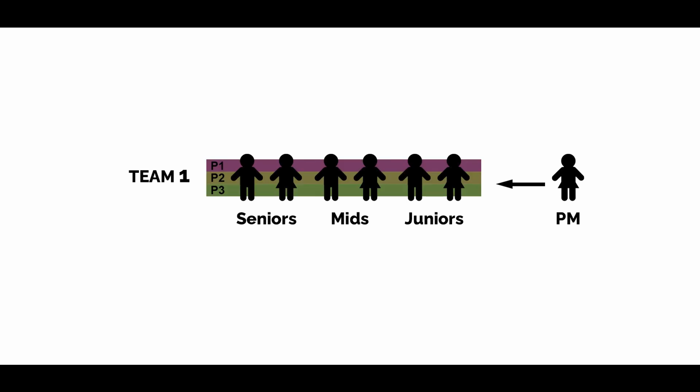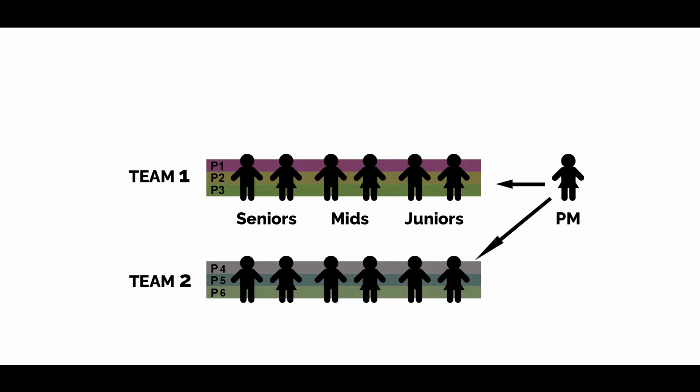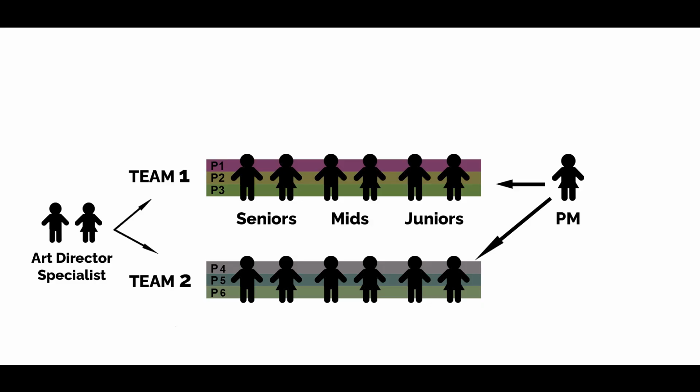A PM might oversee more than one team depending on the workload. Supporting production, there are also additional roles like art directors who ensure the visual quality and good storytelling of a project, as well as technical specialists for tasks like simulation or parametric modeling, for example. These specialists might also assist multiple teams at the same time.